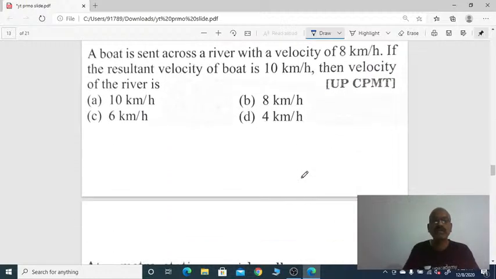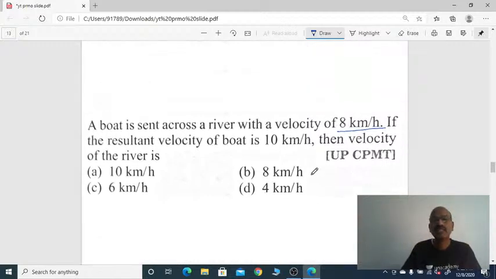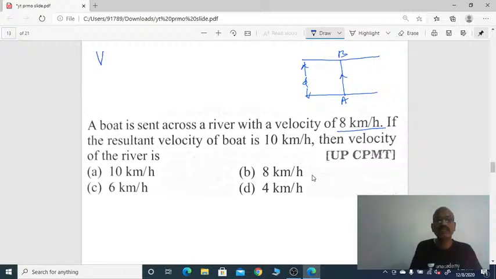A boat is sent across the river with the velocity 8 km per hour. So what is the velocity of the boat? You can see, this is the river, the width of the river D. AB is the velocity of the boat, which is given as 8 km per hour.